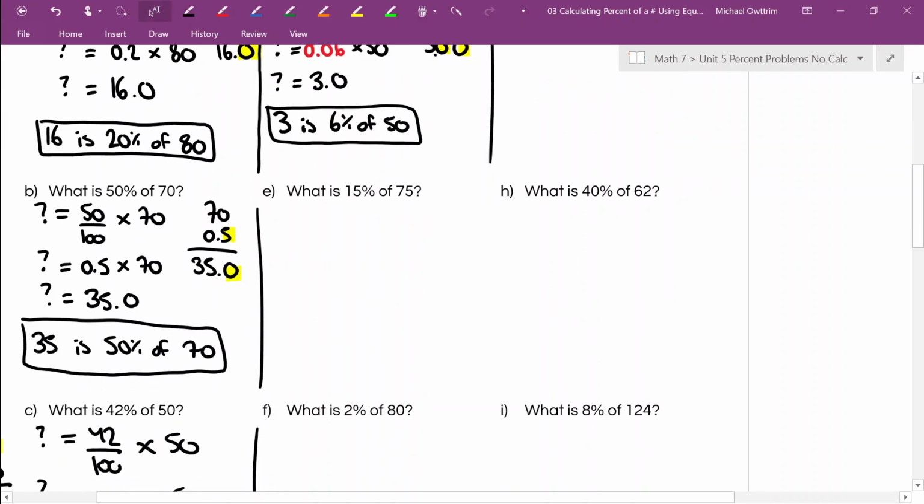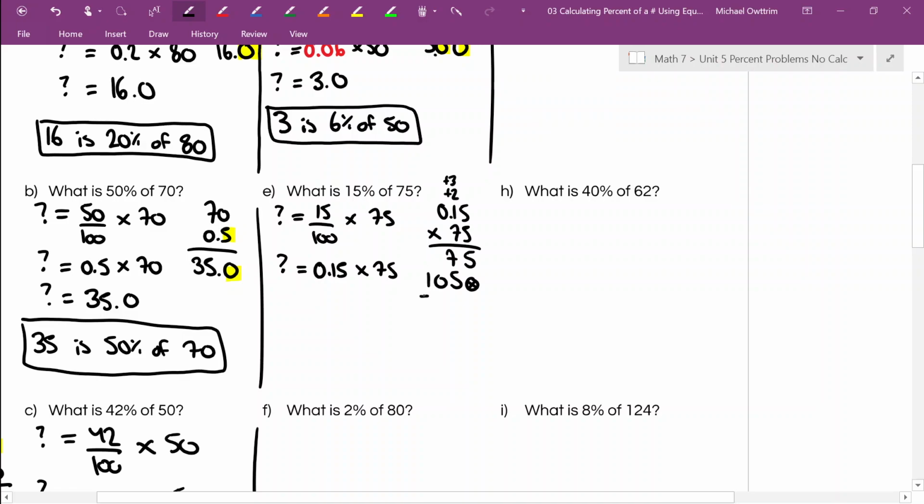Next question, we've got 15% of 75. What is 15% of 75? Convert our fraction to a decimal there. 15 out of 100 is 0.15. And let's actually multiply here. Let's put our 0.15, 75 multiplied. 5 times 5 is 25, 5 carry 2. 5 times 1 is 5, plus 2 is 7, placeholder 0. 7 times 5 is 35, carry a 3. 7 times 1 is 7, plus 3 is 10.